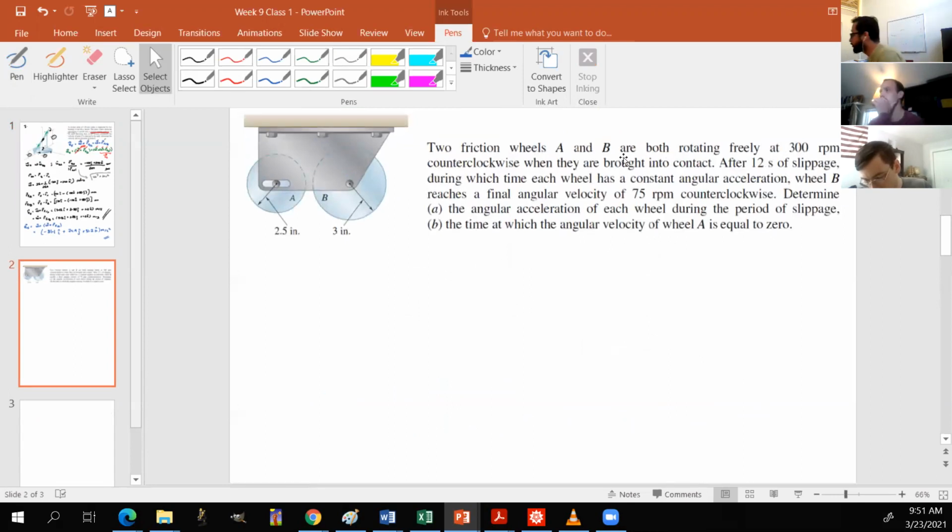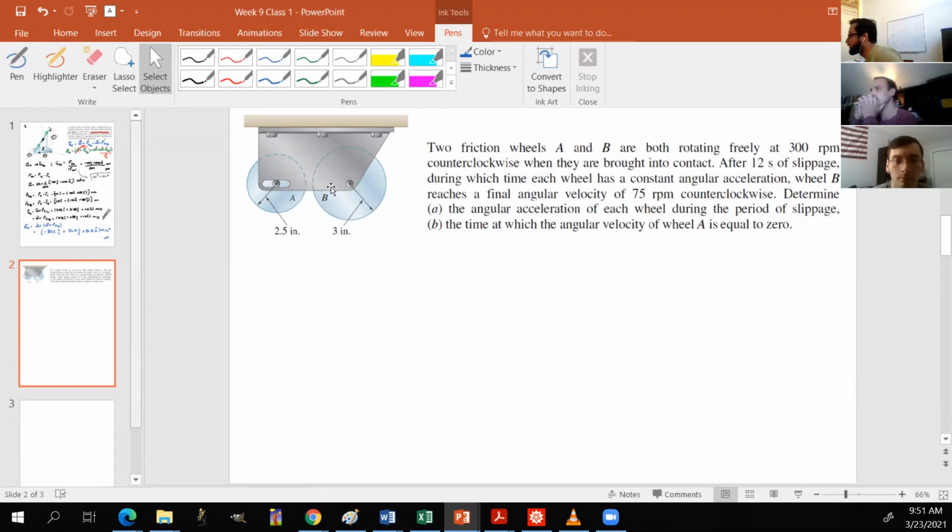So you have two friction wheels A and B that are both rotating freely at 300 RPM counterclockwise, when they're brought into contact. After 12 seconds of slipping relative to each other at their point of contact, wheel B reaches a final angular velocity of 75. So it reduces from 300 to 75 in the same direction.